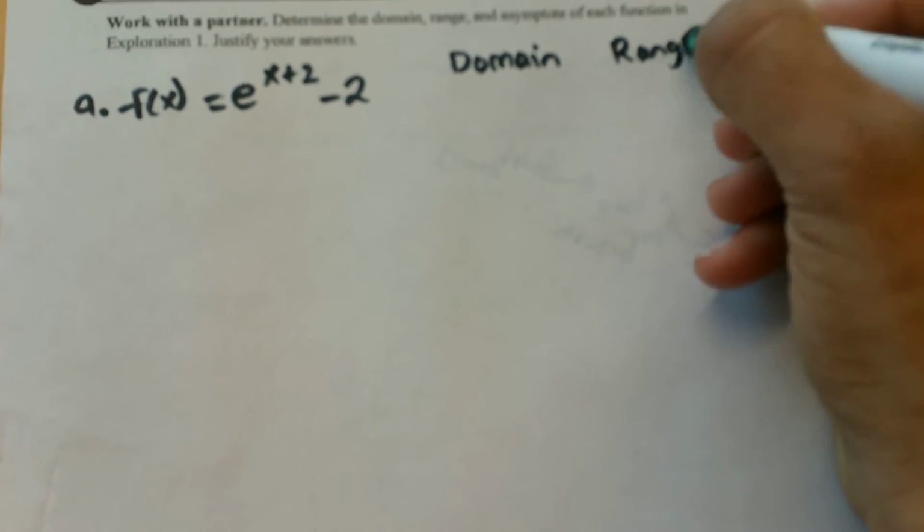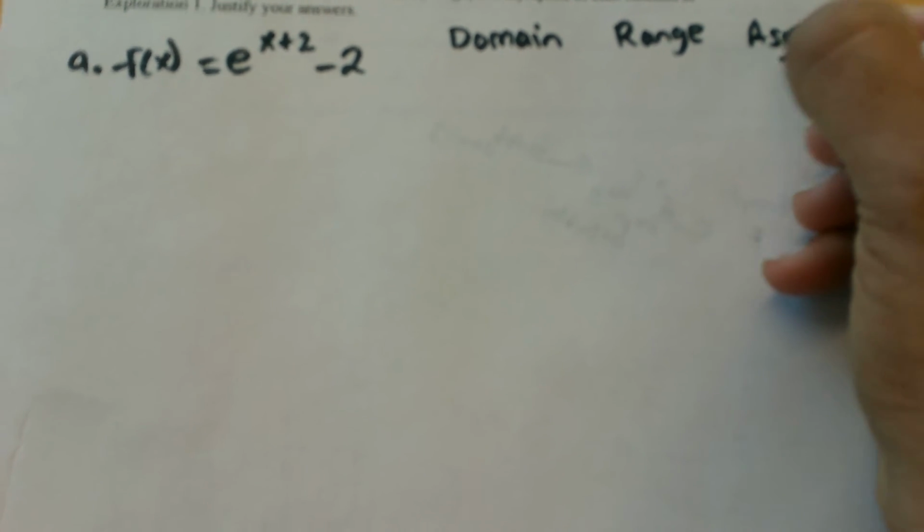So let's put here A, which was f of x equals e to the x plus 2 minus 3. And then we're going to put the domain, we'll just make 3 columns, the range, and the asymptote.